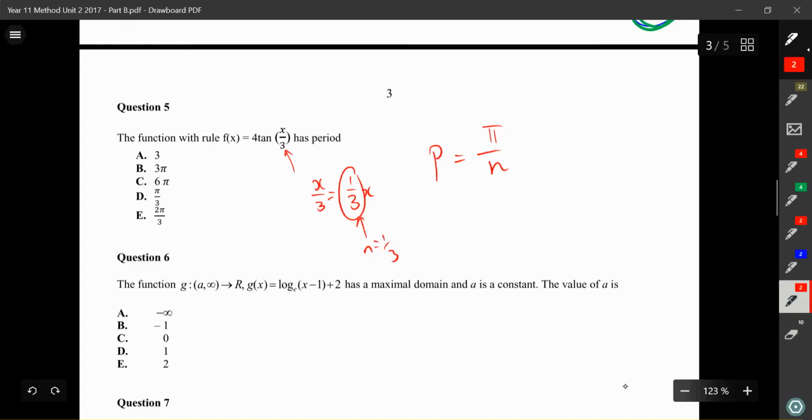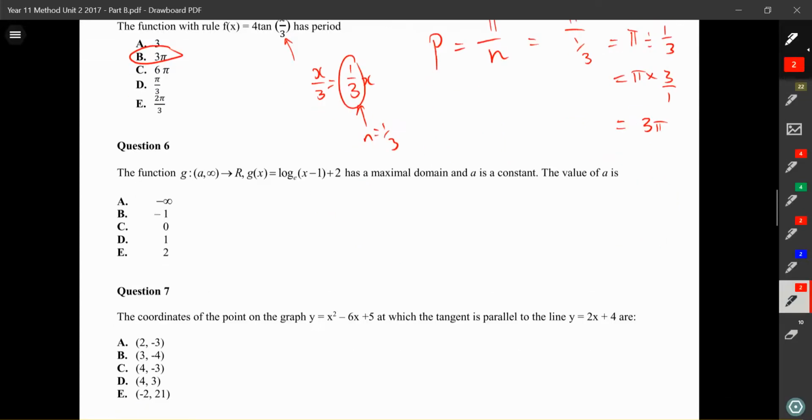So you're really doing pi divided by 1/3. And hopefully, if you don't know how to do that by hand, do it on your CAS and you'll get your answer. But pi divided by 1/3 is the same thing as saying pi times 3 on 1, which is 3 pi. Okay, so the period is 3 pi. And that's B.